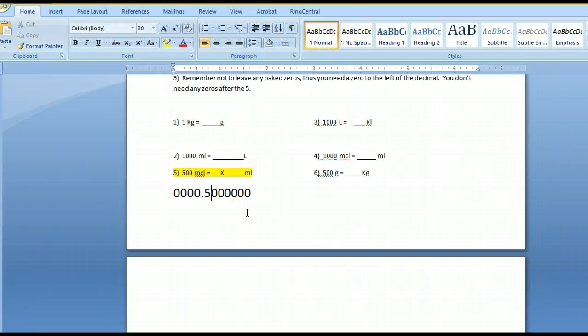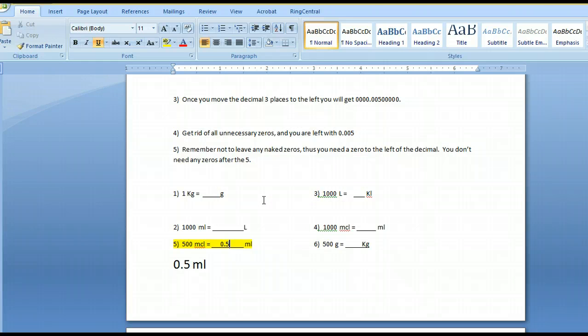We do not need any of these zeros to the right of the decimal and to the right of the regular number. And I don't want a naked decimal, so I need to keep the 0, but I certainly don't need all these others. And that's our answer, 0.5. Let's add our units, 0.5 mils. 500 microliters equals 0.5 mils.